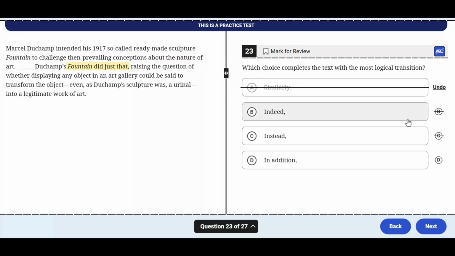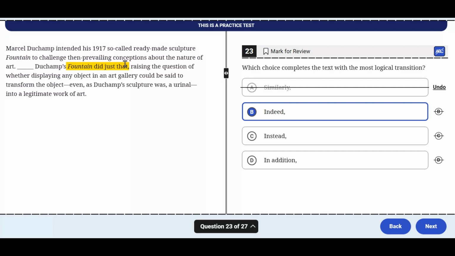Indeed actually makes sense. It would push further and expand that passage's ideas. Indeed, Duchamp's Fountain did just that. So I would guess that's it. Instead is not correct because that would seem to suggest that his goal was not reached.